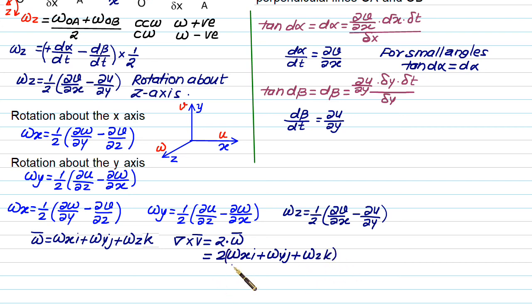Then we can very well write this equation in a vector form, and there is no need to remember any of this form. So whenever you have to solve any numerical and we require the value of omega x, omega y and omega z, just remember that curl is equal to 2 times omega. Solve the curl and equate with 2 times omega, and we can successfully write down here the equation of omega x, omega y and omega z.